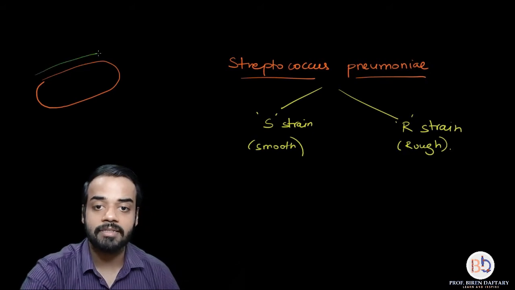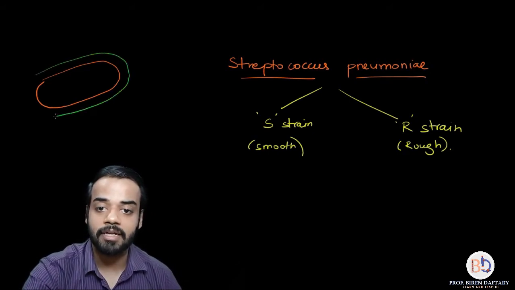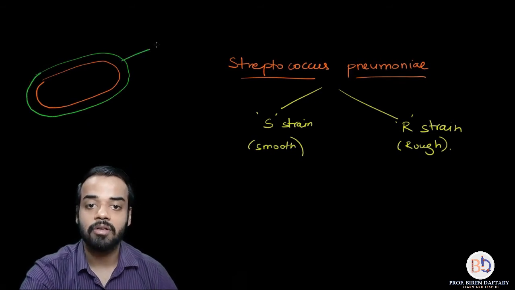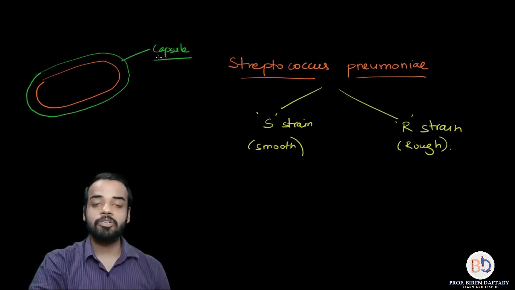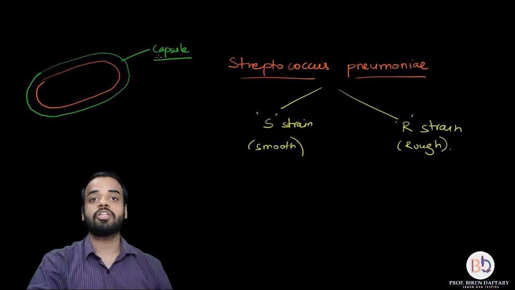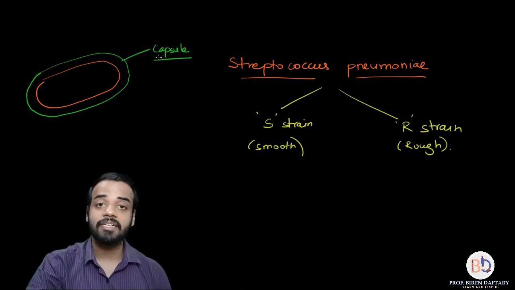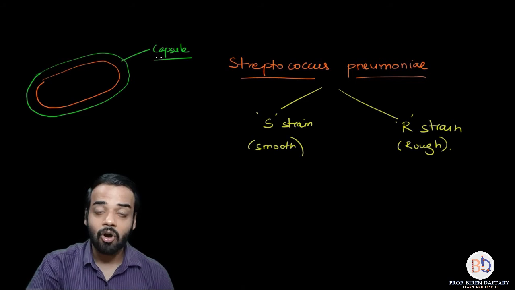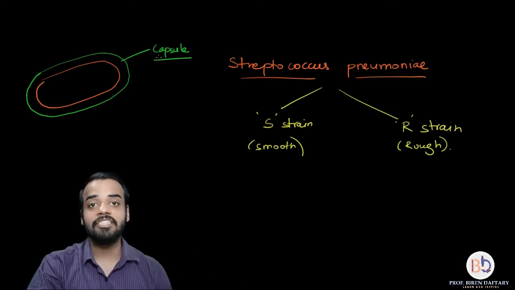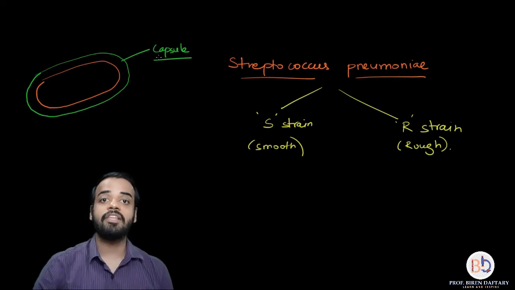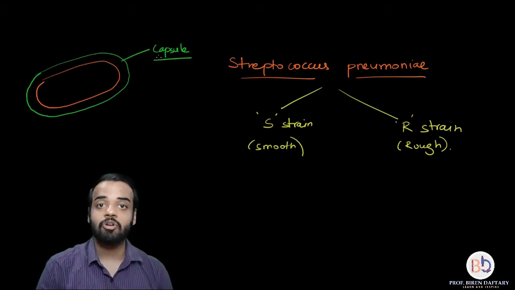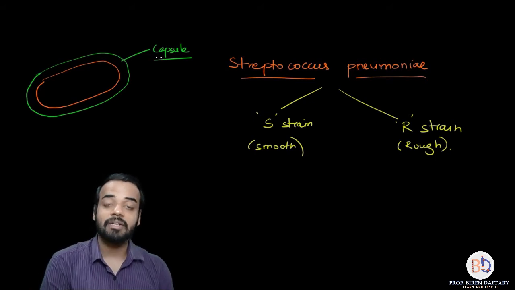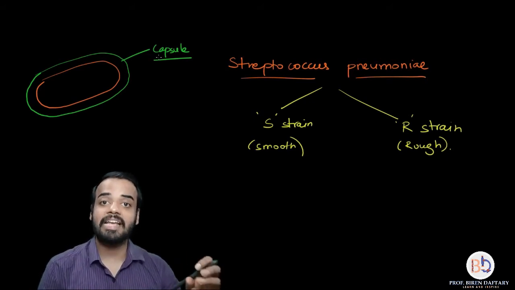So what I am drawing is this green colored structure, it is basically the capsule which is present, and the capsule is made up of many different materials, but this capsule is basically responsible for the toxicity that the bacterium produces, or it is responsible for the pathogenicity, or the disease producing nature. If there would be no capsule, then it would not be toxic, it would not cause the disease, it would be non-virulent or non-pathogenic. So please remember, the toxic proteins present in the capsule of the bacterium.